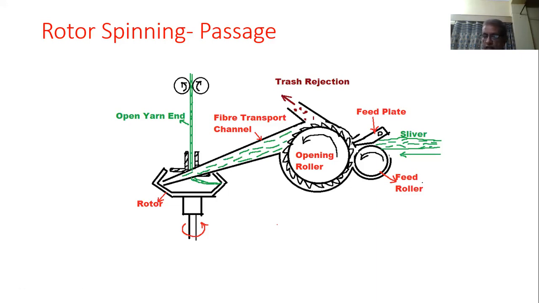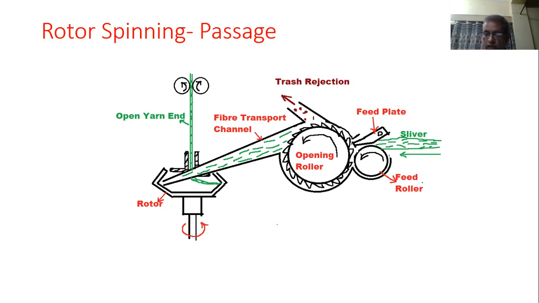We will study what is the passage of the machine and what are the parts of the machine. And in this machine, the feeding material is card or diaphragm sliver. So we are feeding card or diaphragm sliver.